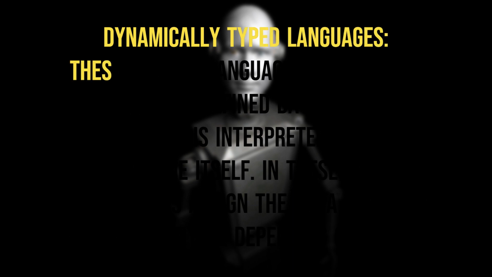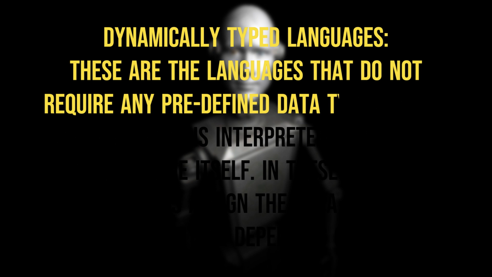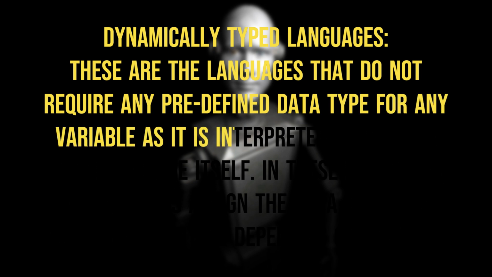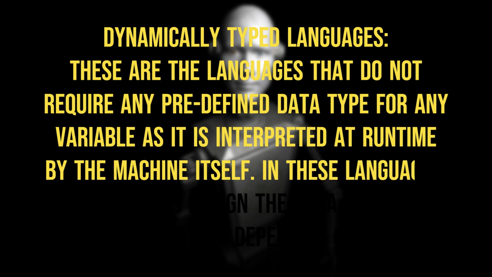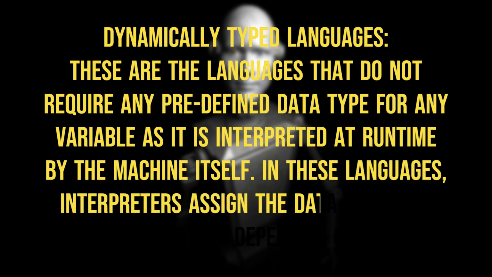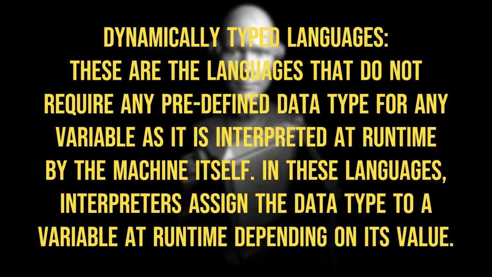Dynamically typed languages. These are the languages that do not require any predefined data type for any variable as it is interpreted at runtime by the machine itself. In these languages, interpreters assign the data type to a variable at runtime depending on its value.